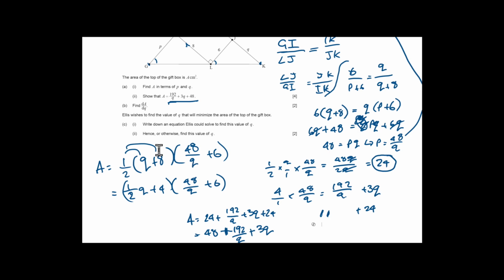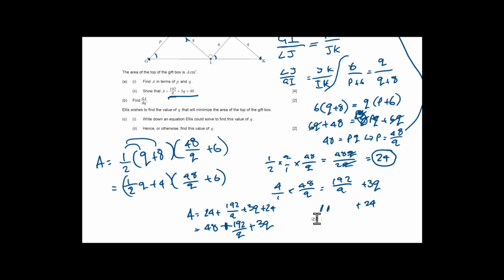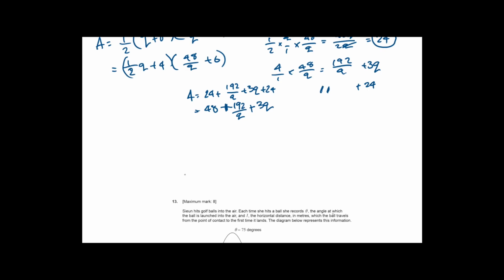And last part, find dA over dQ. Well, if A is 192 over Q, which is 192 Q to the negative 1, plus 3Q plus 48, then dA over dQ is going to be negative 192 Q to the power of negative 2 plus 3, and the 48 is going to disappear.